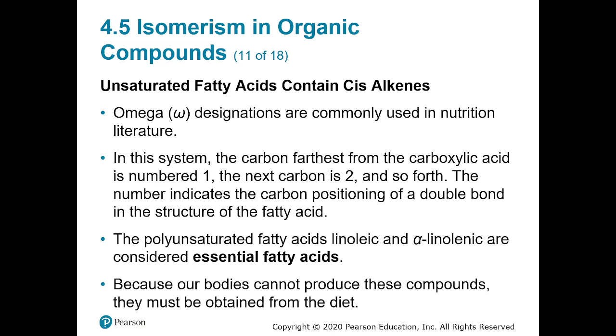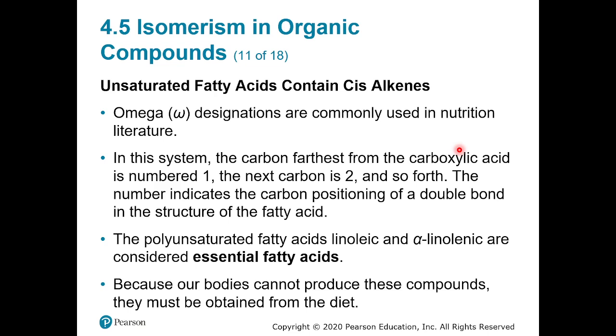Yeah. Okay, so this is the unsaturated fatty acids. These are going to contain cis alkenes. This is the omega fatty acid. That's actually the symbol for omega there, and that's the lowercase, by the way, in case you're wondering. These designations are commonly going to be used in nutritional literature. In this system, the carbon furthest away from the carboxylic acid is actually your first carbon.